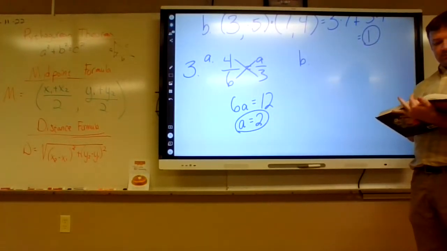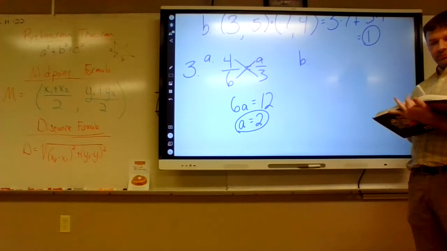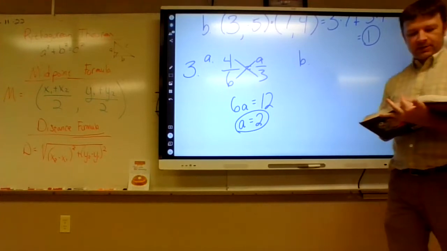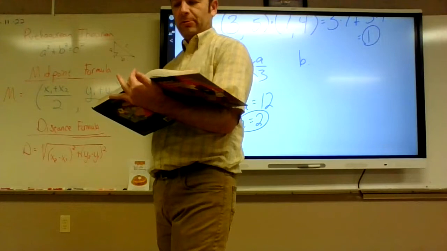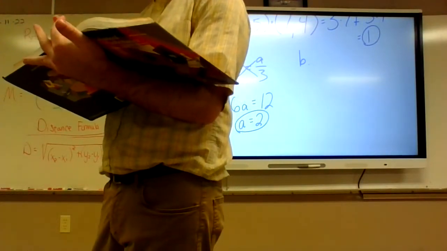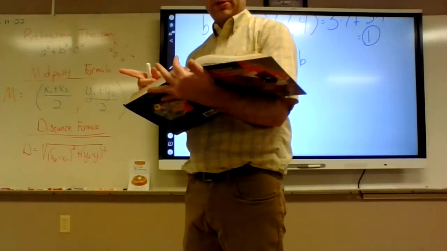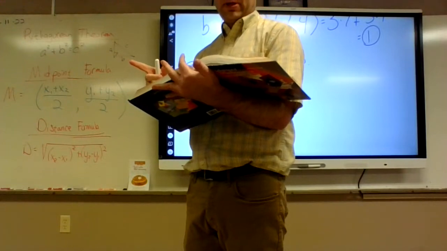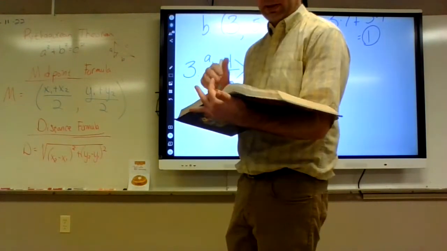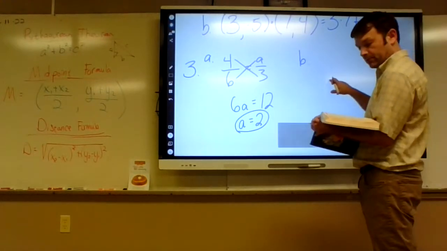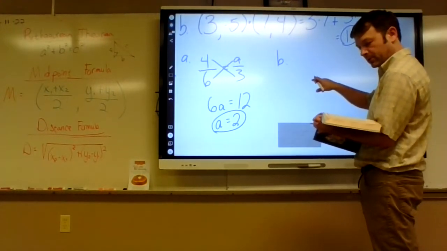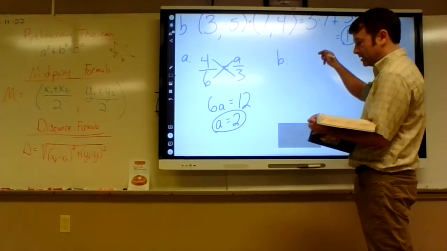If they're parallel, it's 2, but B is perpendicular, so it's the negative reciprocal. Perpendicular lines have opposite reciprocal slopes. So you could say 4 over 6 would equal negative 3 over A, like switch it upside down. Or you could use the dot product formula.